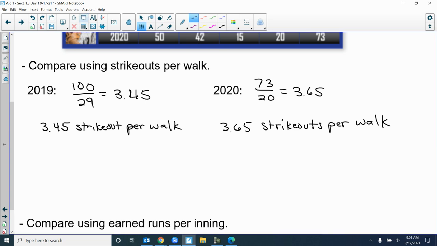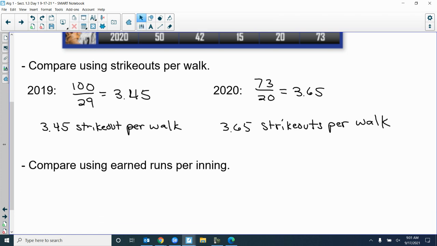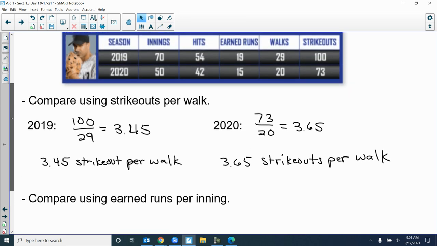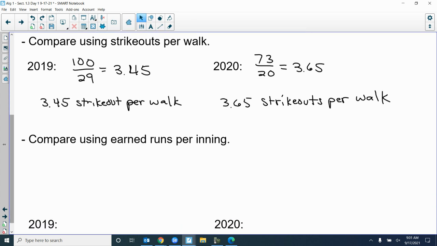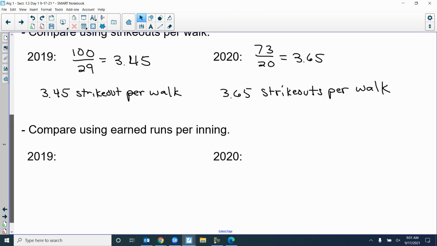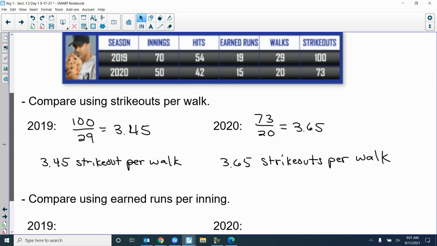What if we use earned runs per inning? Okay, that's a key thing in baseball. Earned runs per inning. So in 2019, he had how many earned runs? He had 19 out of how many innings? 70. So for 2019, earned runs was 19 out of 70.